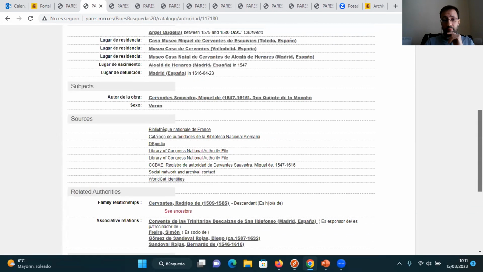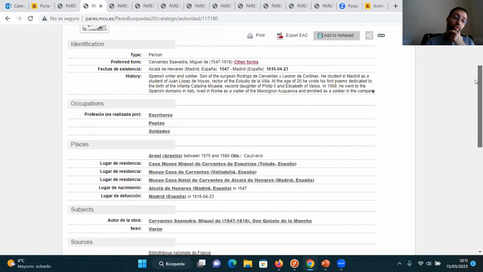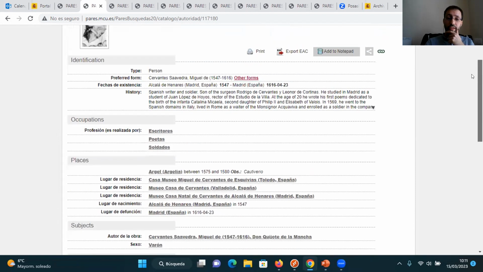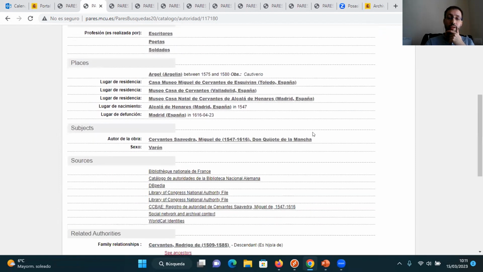And Miguel de Cervantes is also related to his book, Don Quixote de la Mancha, as the author of this book.